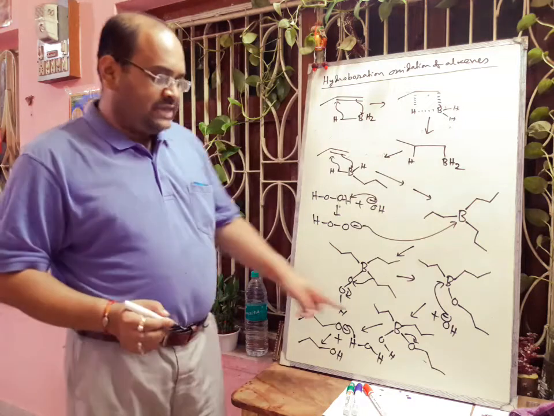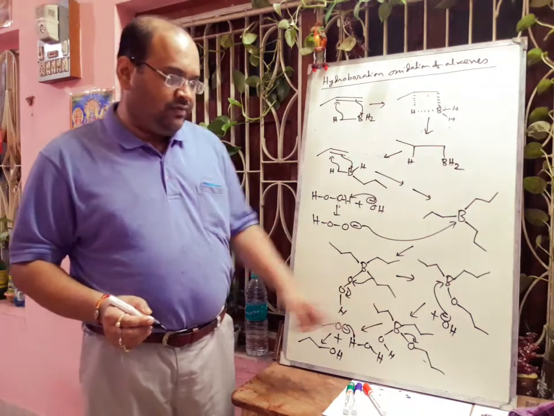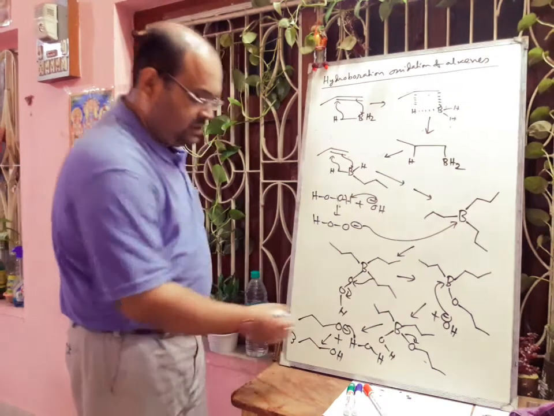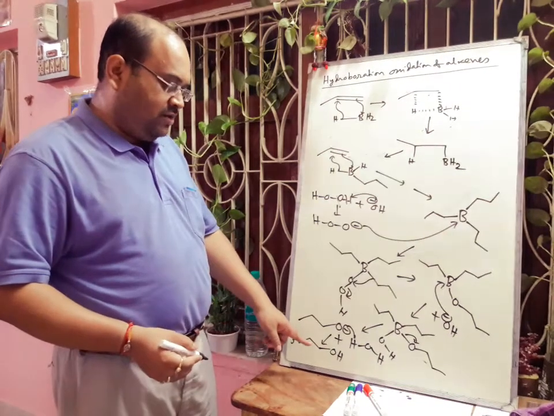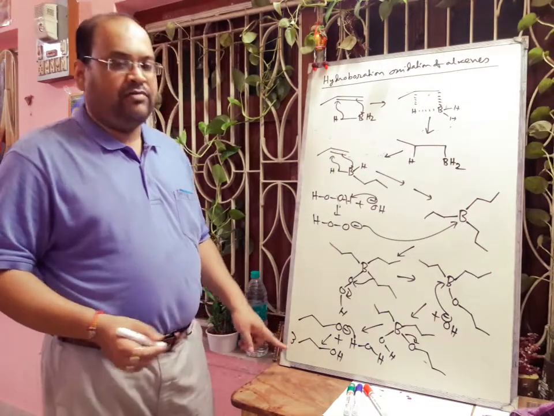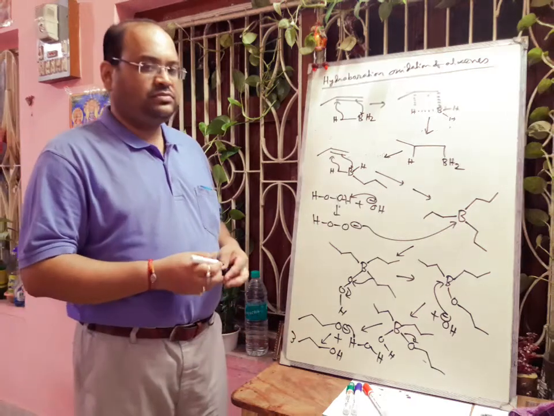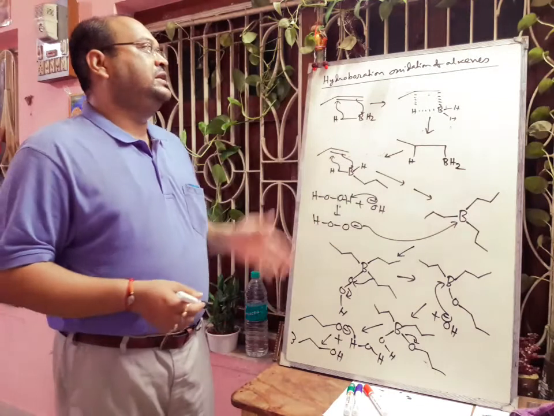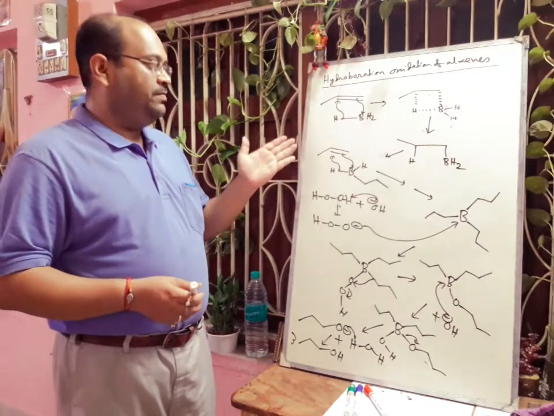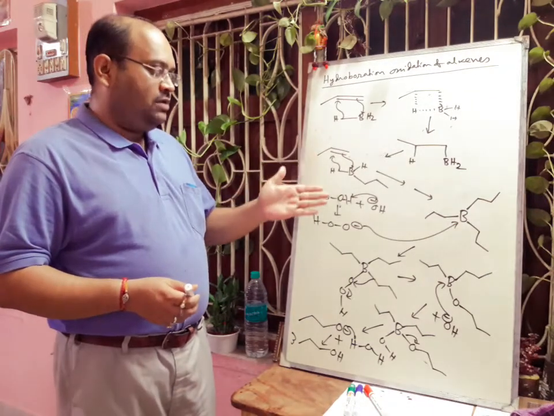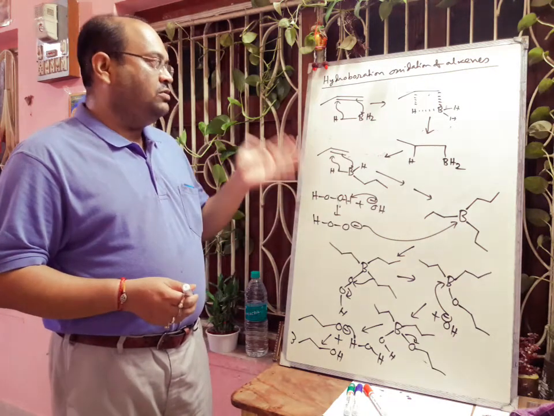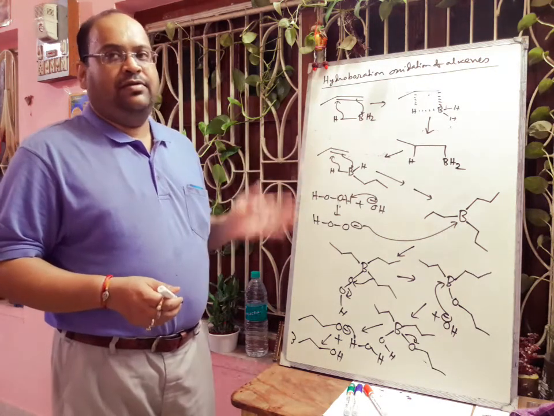And as there are 3 alkyl groups, there will be formation of 3 alcohol molecules. This is propan-1-ol, so 3 propan-1-ol will be formed. So in this way we can prepare the primary alcohol, that is following the anti-Markovnikov rule, by using alkene and borane.